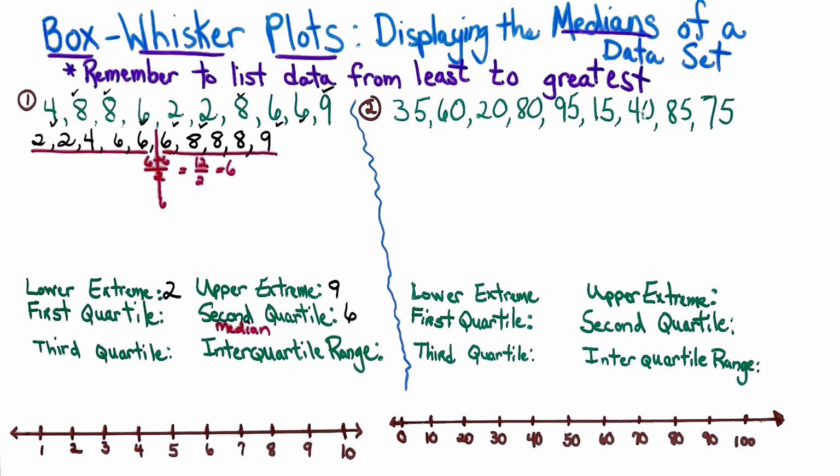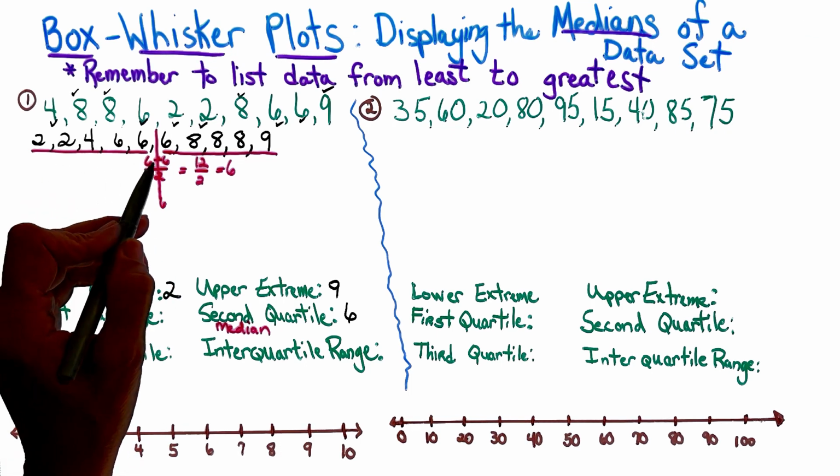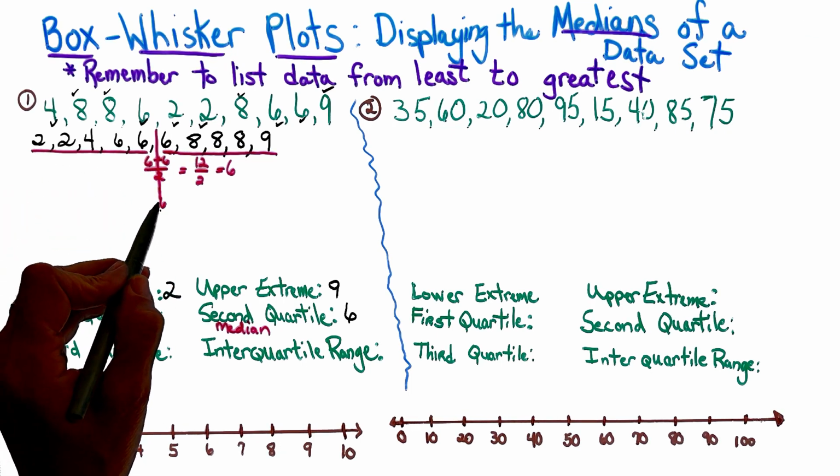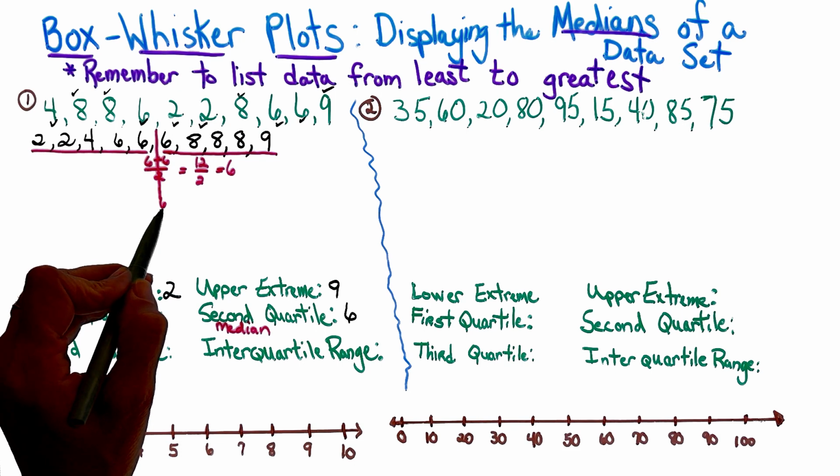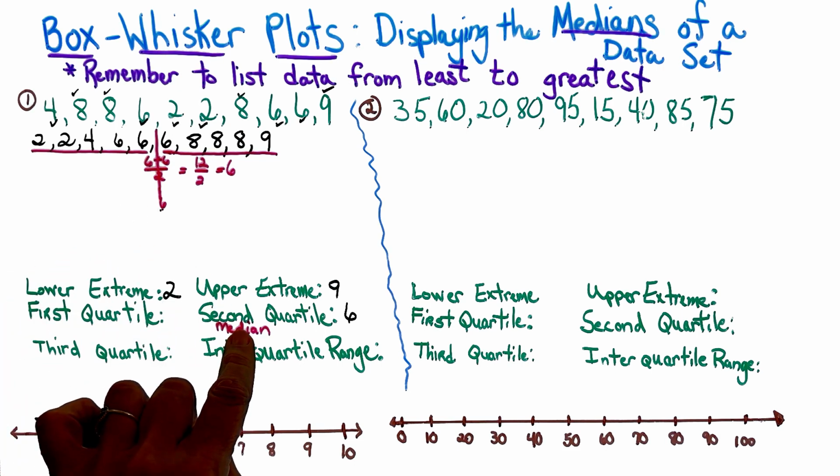So now, remember, we're going to be working all with medians when it comes to solving this problem. So I am going to find the median of the lower part. That's why I drew my division line there. Here is my median, my big median, the second quartile.